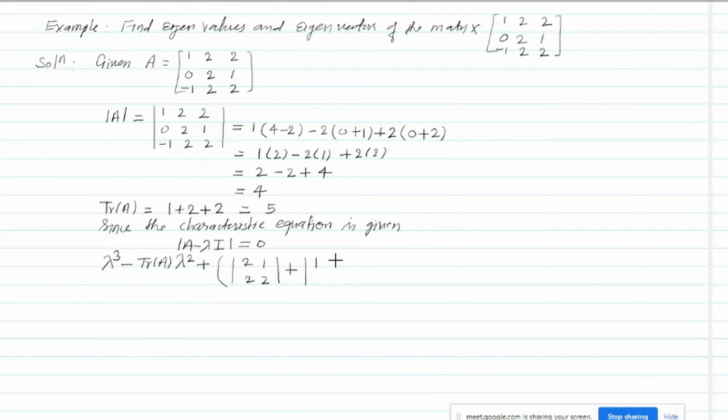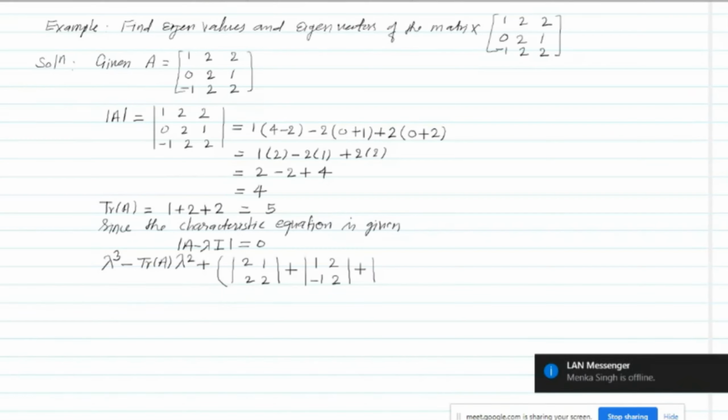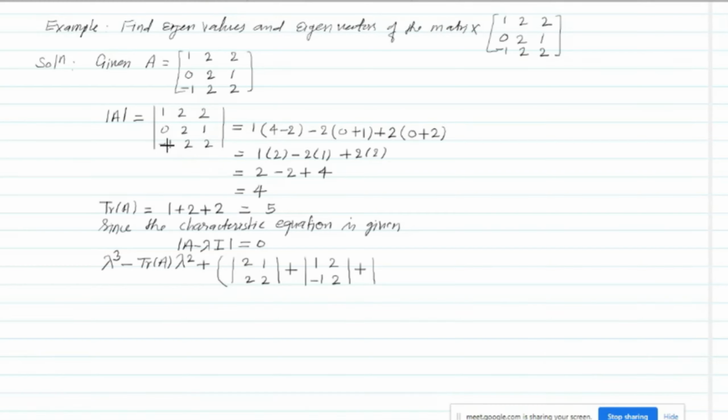Plus the minor for the next diagonal element, 2: we ignore the third row and third column, giving 1 2, 0 2. Now close the bracket. The powers are lambda cubed, lambda squared, lambda, and the signs alternate, plus minus plus minus, minus the determinant of the matrix A, equal to 0.